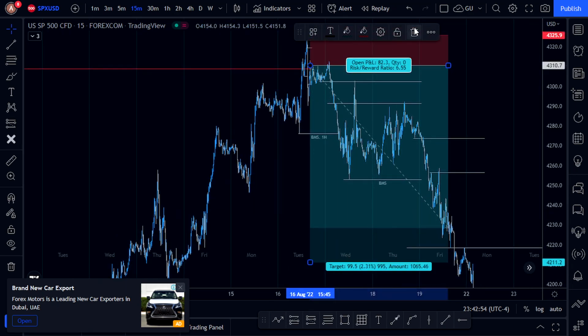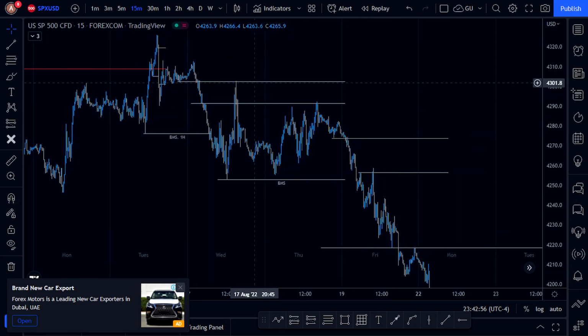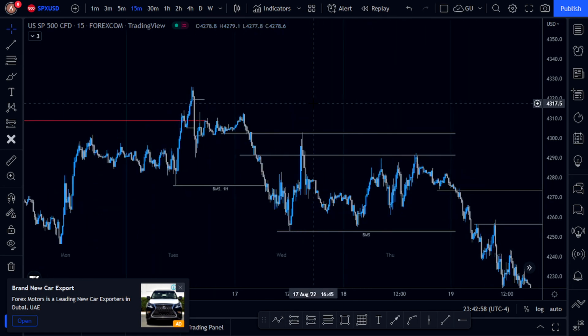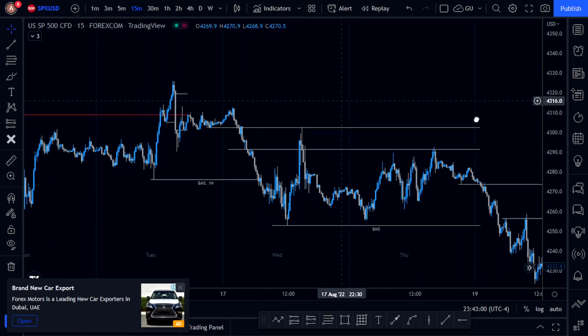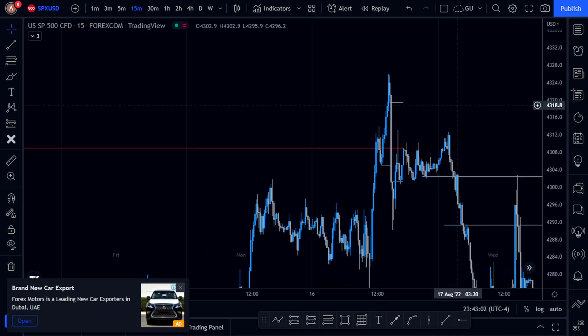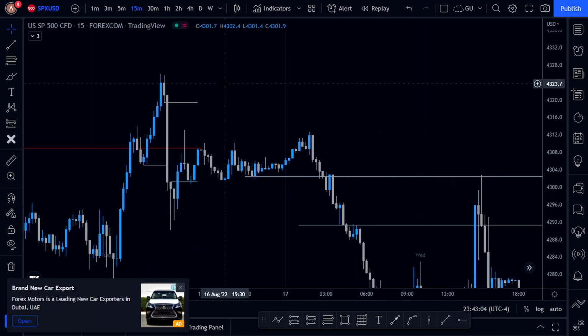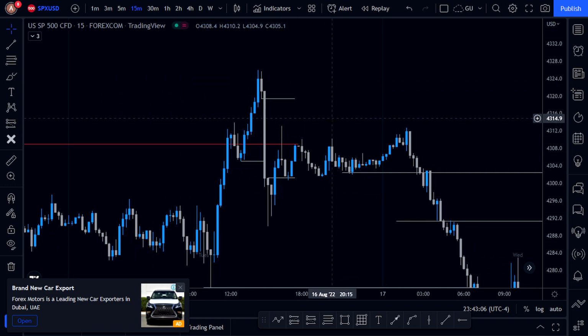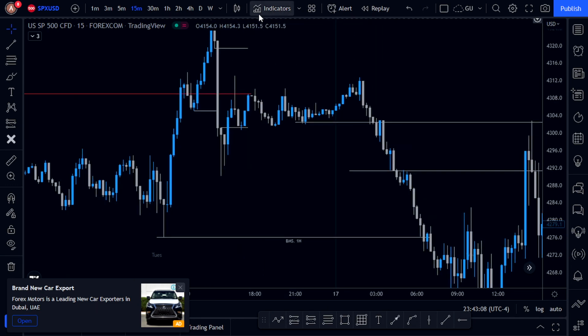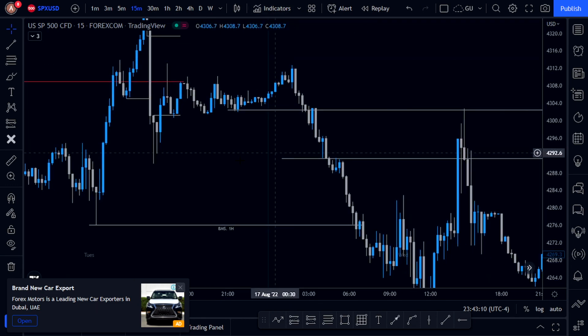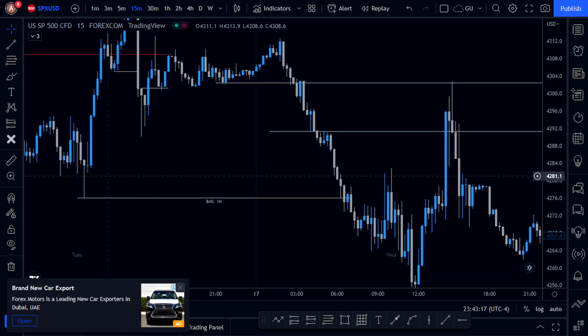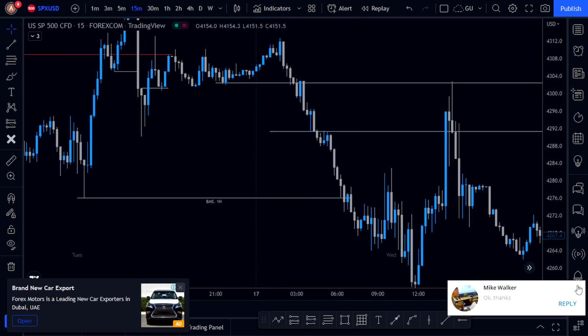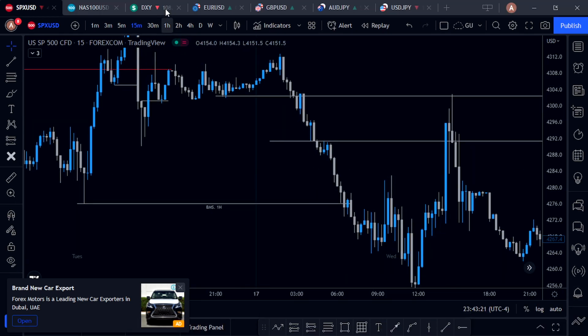So let's say you miss the first entry. Now, as price breaks down again and then breaks here, you wanna go to the 1 hour.